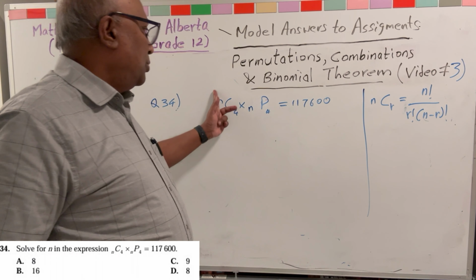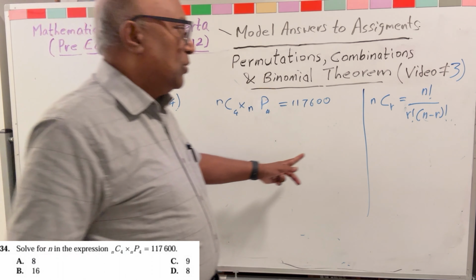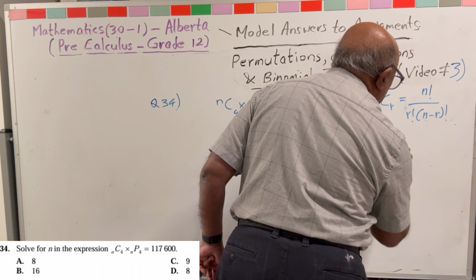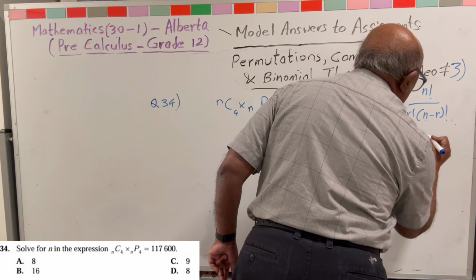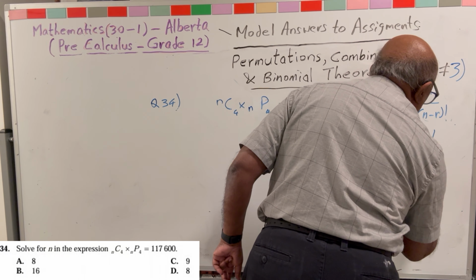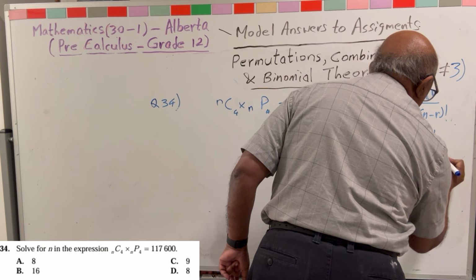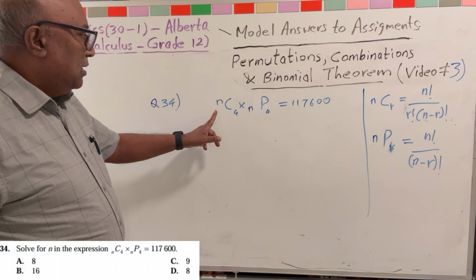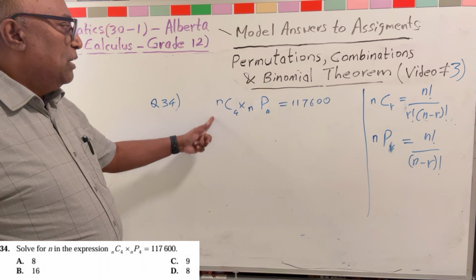That is for the first part. For the second part, you can use nPr equal to factorial n upon factorial n minus r.